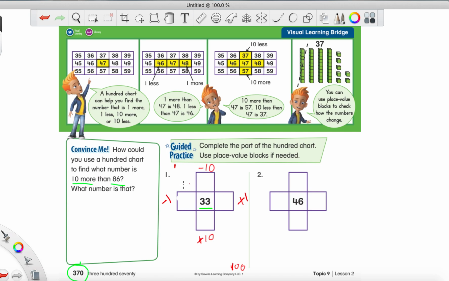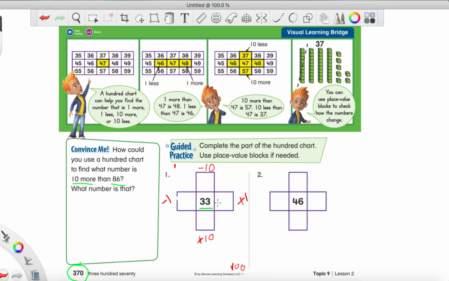Okay, so I like to put these little reminders on my paper to help me through each of these kinds of problems. So if I go down, it's going to be plus 10. Go up towards that 1, it's going to be minus 10. If I hop over to the right, like on a number line, it's going to be a plus 1. And if I go backwards, it's like subtracting, so that's a minus 1.